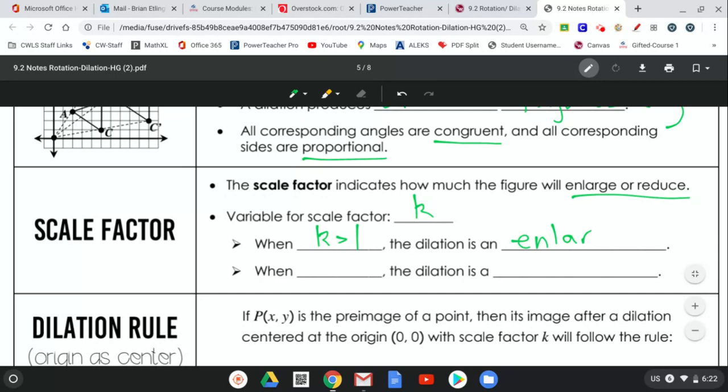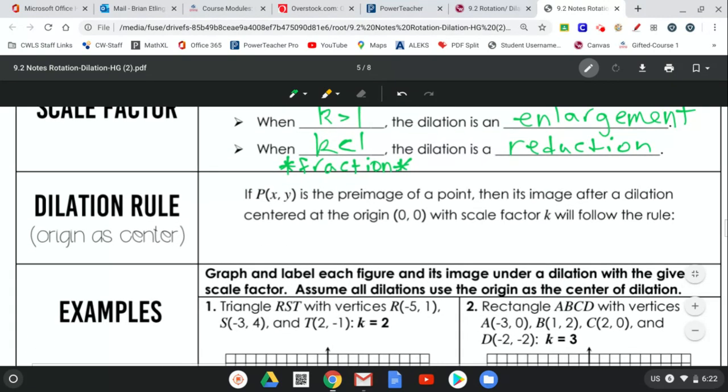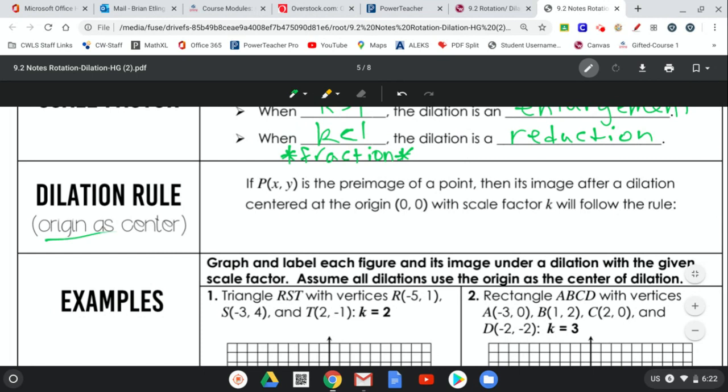The number's larger than 1, so the figure is going to get larger. If k is less than 1, that means it is a fraction, then the dilation is a reduction.